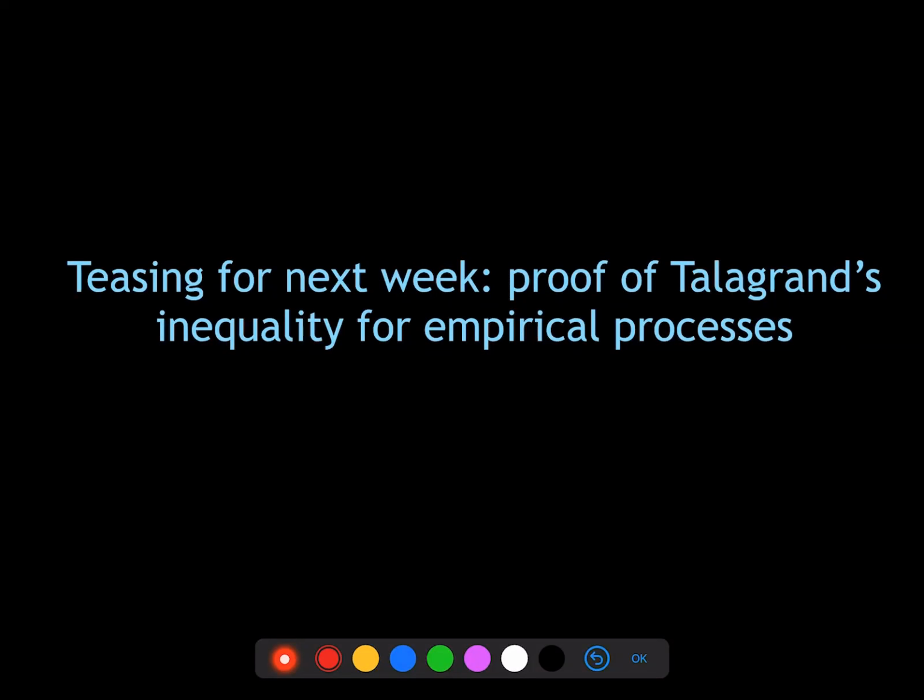So it will be a few lines proof for a result by Michel Talagrand, which was proved in 1996. And at this period, the proof was considered as very intricate and difficult. And as you will see, we have a very simple proof of it.